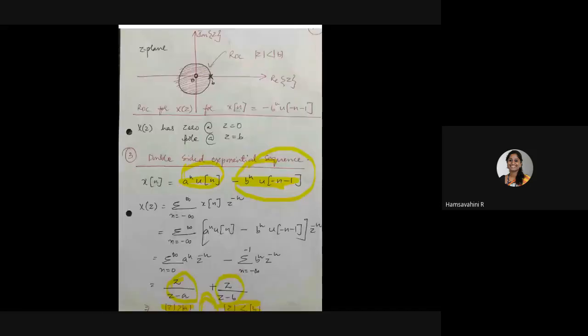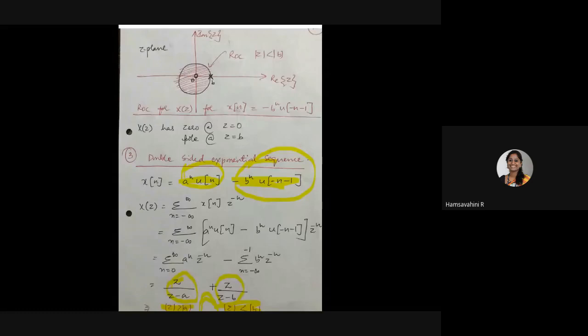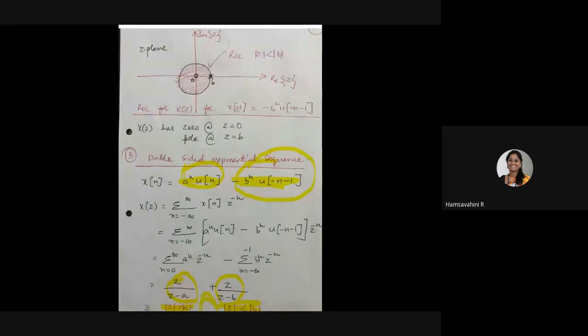If you take this example, this term will become 0 when Z equals A, which means I'll get infinity. Similarly, if I substitute Z equal to B, then B minus B also becomes 0, and Z by 0 becomes infinity. We want X of Z to be less than infinity.